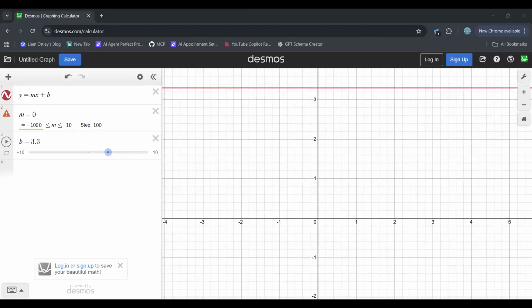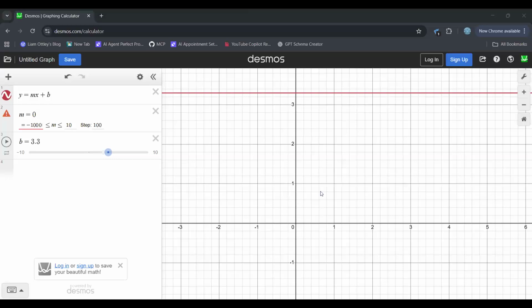So when y is equal to 0, that means there's no slope. So it's a vertical line going up and down. That's when there is no slope and it is undefined. So that means you can't solve anything with a graph like that.